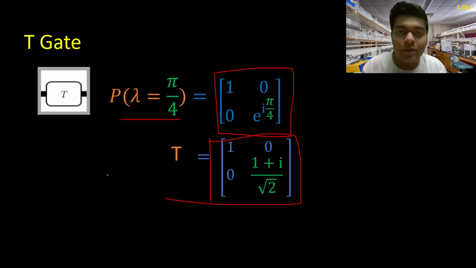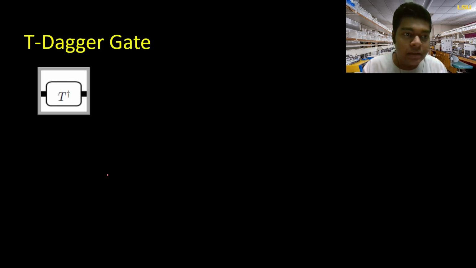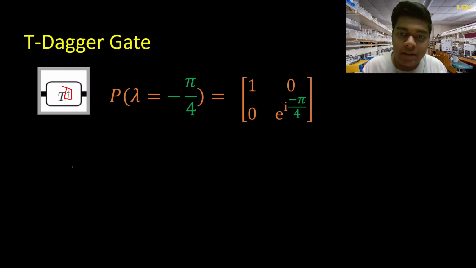And again, let's quickly go to the T-Dagger gate, and you can see this is the symbol for T-Dagger, and you can notice a little dagger here. It's not a prime, it's a dagger. And this is the matrix, but the only difference between T-Dagger and T gate is this minus sign.